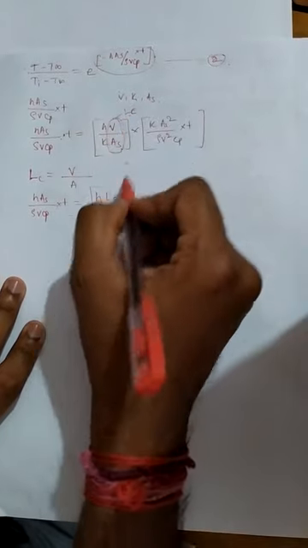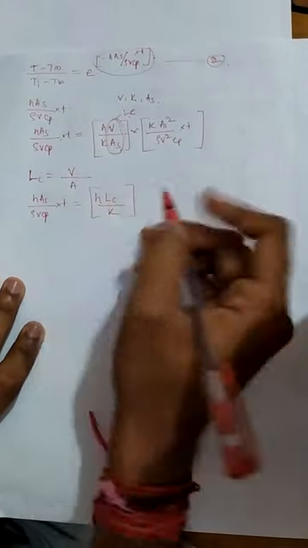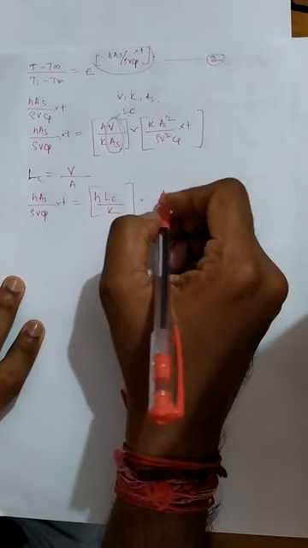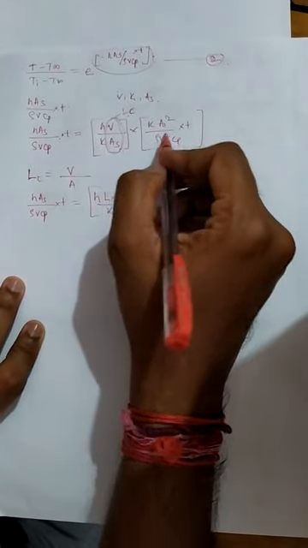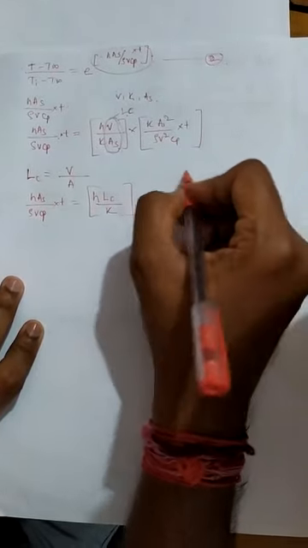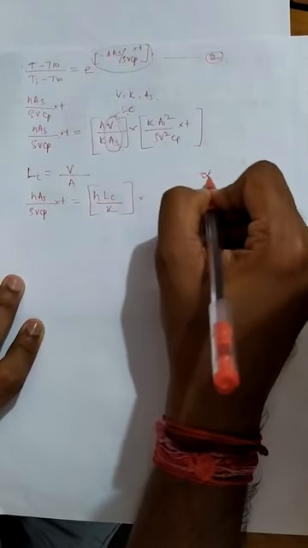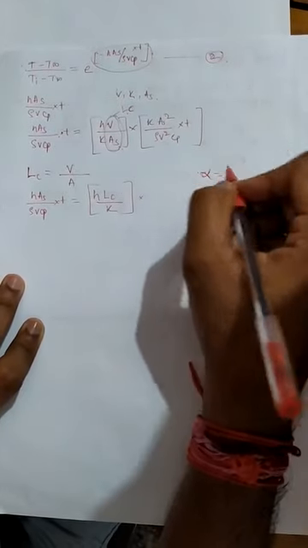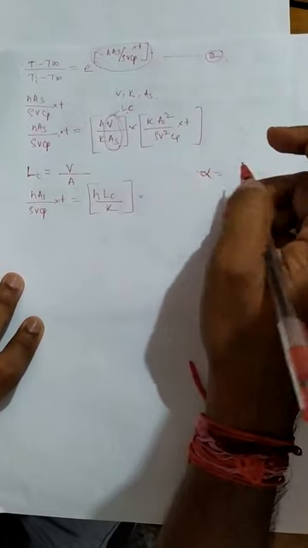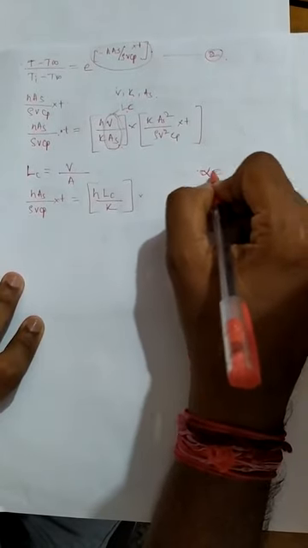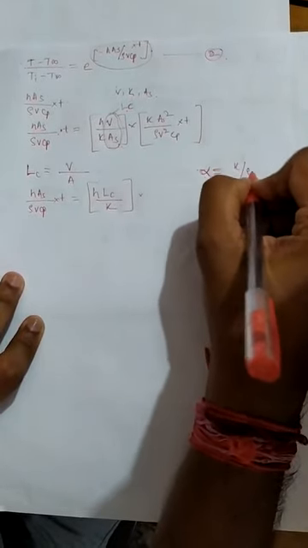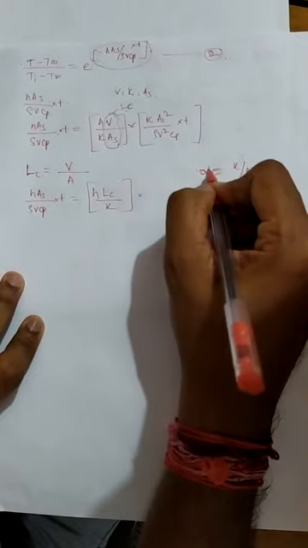Then we know the thermal diffusivity alpha, which is equal to k divided by rho into Cp.